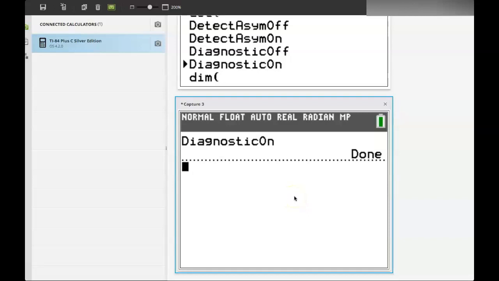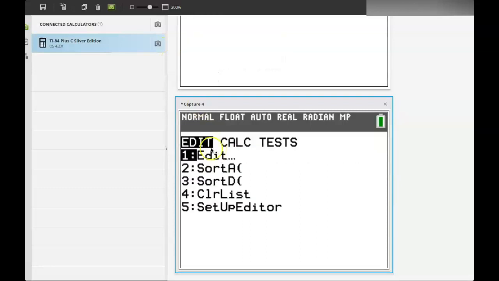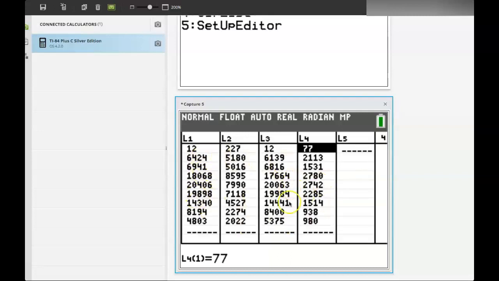Now after that, we're able to enter our data. So press Stat, choosing the first one, Edit, enter. Then enter all the data that we have in that table. The first two columns are for males, and the third and fourth are for females.